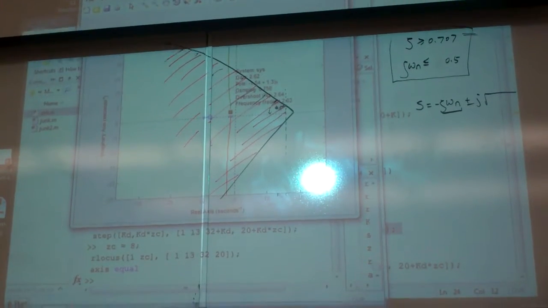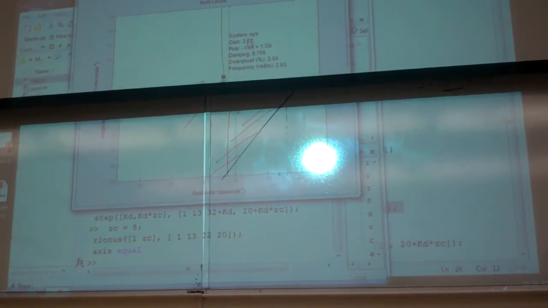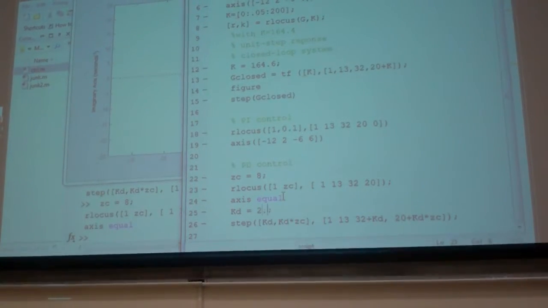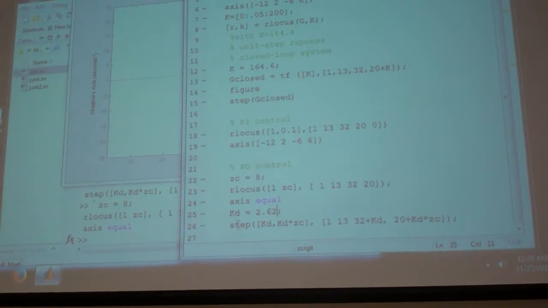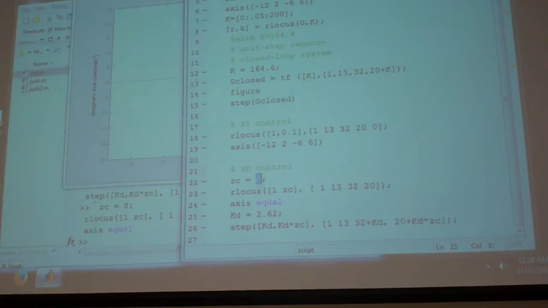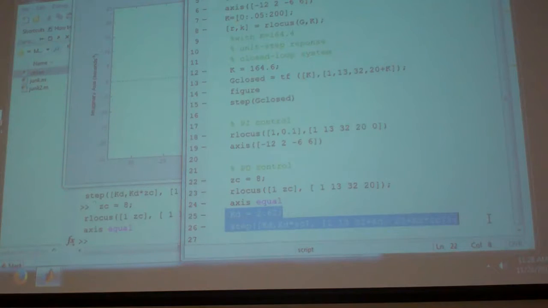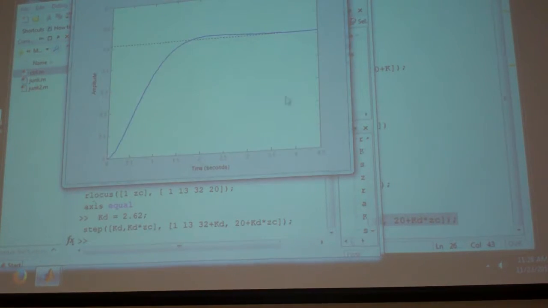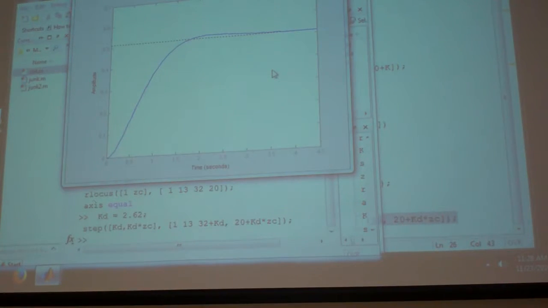So the gain we pick right now is 2.62, so that means we change here, and that corresponds to a new value of K. So we see here, the response is like this, very different.